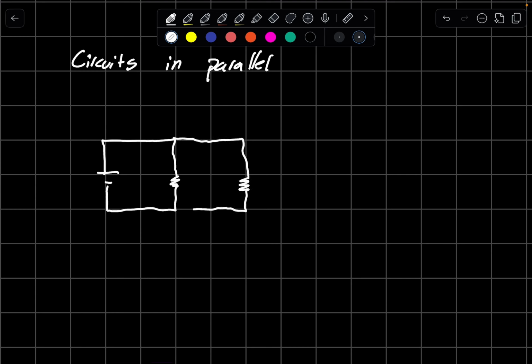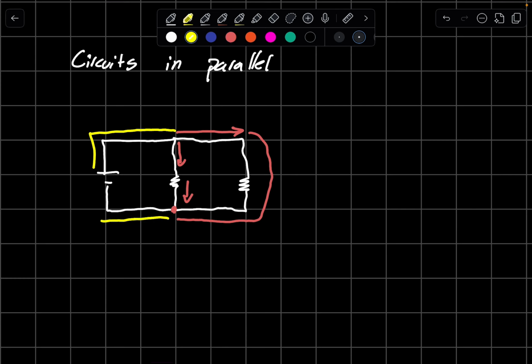This is parallel because once the current reaches this point, which is called a node, it can go different directions. It can keep going straight, or it can go down. And if it keeps going, you'll notice once it reaches this point, the two different currents that split up meet up again here, and it goes back to the start.